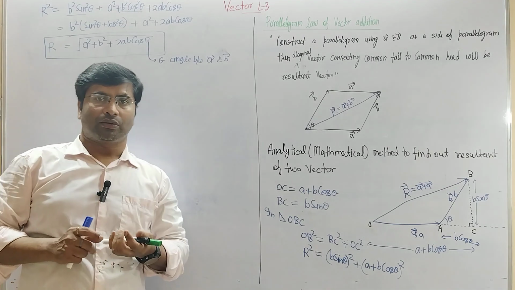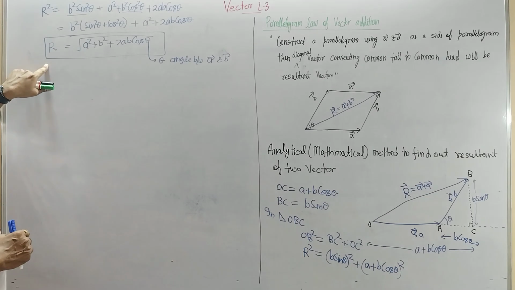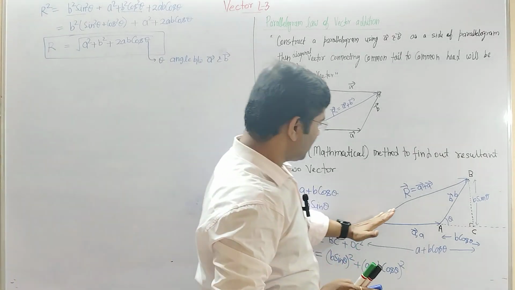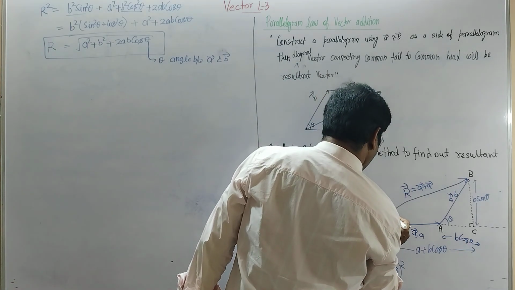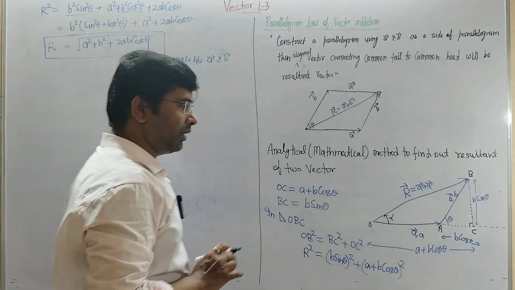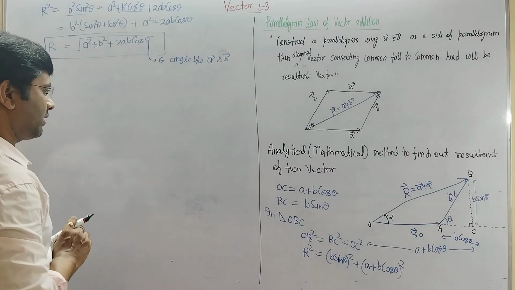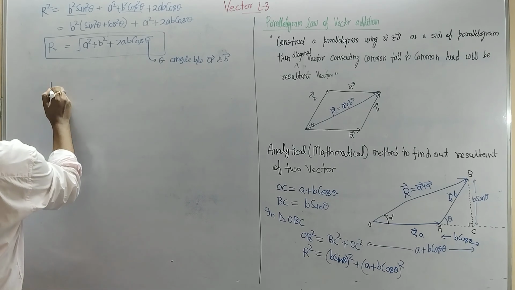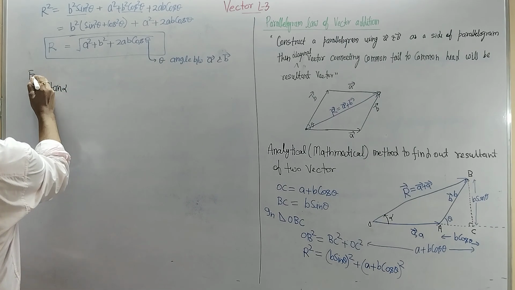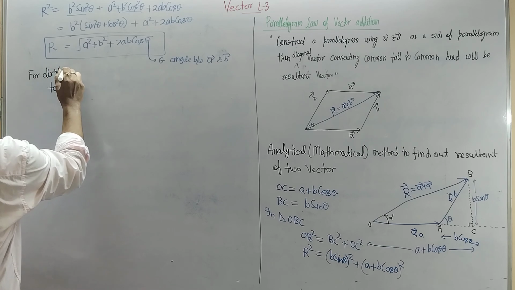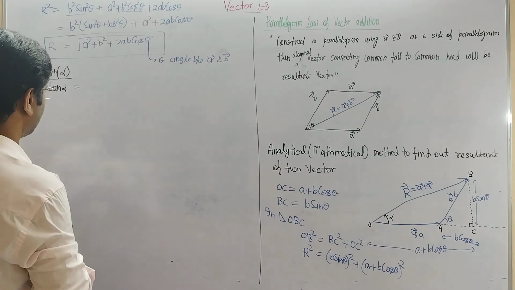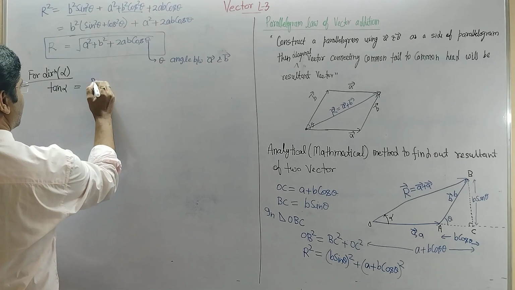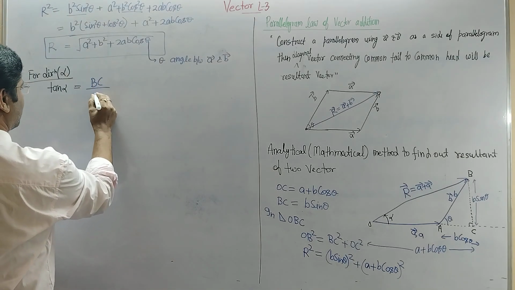So we have to find the direction also. Magnitude is given by this one, but for direction, this is the resultant direction. We can assume this direction is, let's take alpha from vector A in anti-clockwise direction. So from that diagram, tan alpha we can write as perpendicular BC upon base OC.